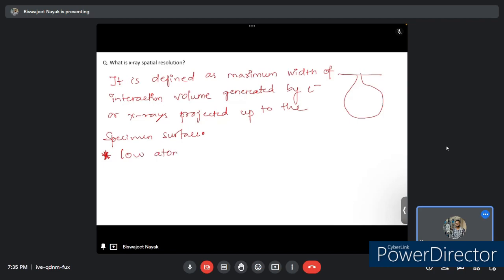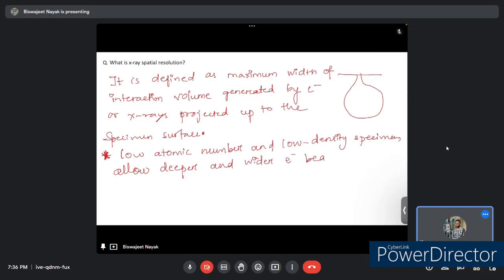A low atomic number and low density specimen allows deeper and wider electron beam penetration and generation of X-rays, which eventually degrades the resolution.